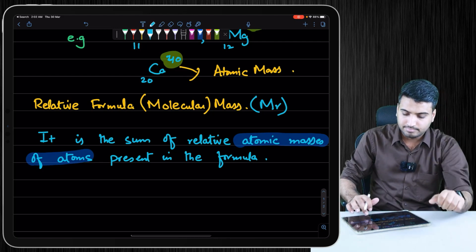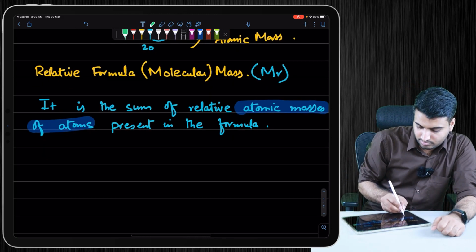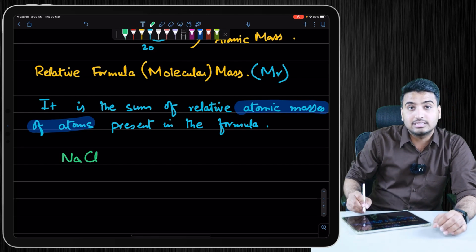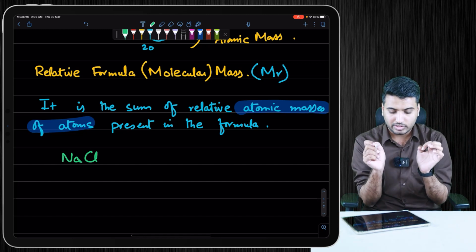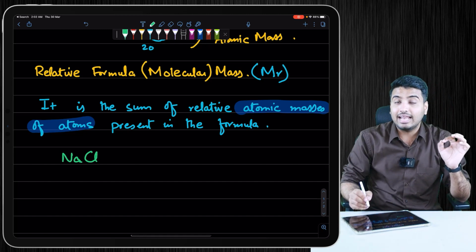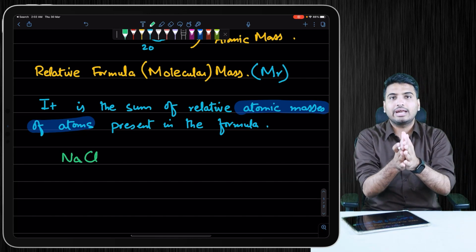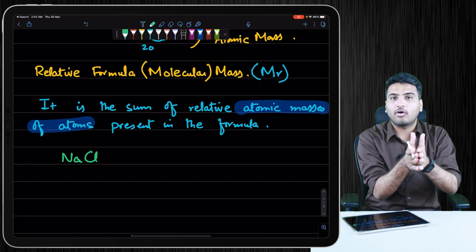For example, we have NaCl. This is the formula of sodium chloride. Na represents sodium and Cl represents chlorine. Now we are required to find its molecular mass or formula mass.